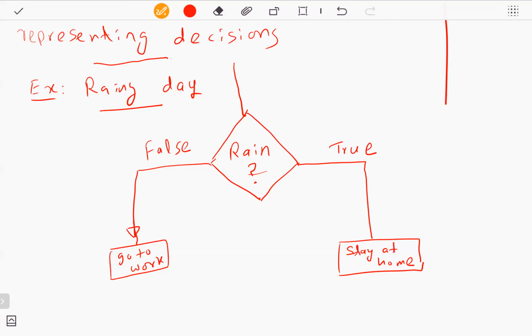Actually, we still have 5 minutes more to complete today's lesson. Before completing, I want to do an activity here. Therefore, I am stopping today's lesson from this point.